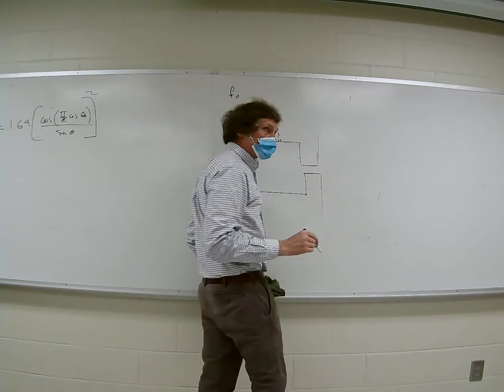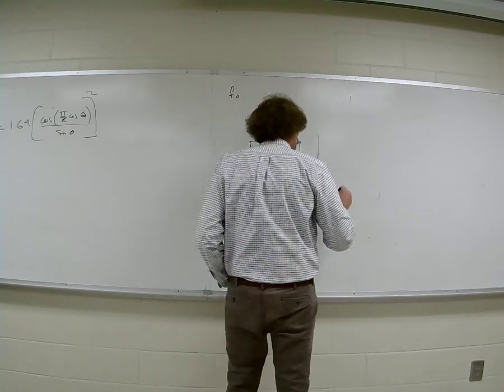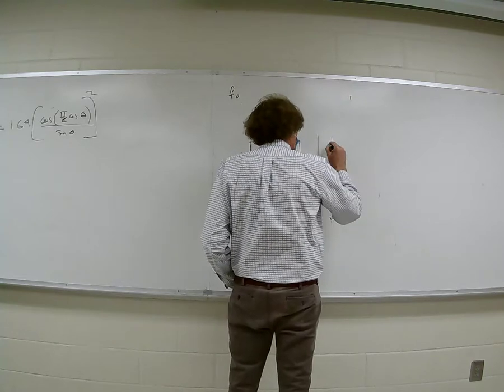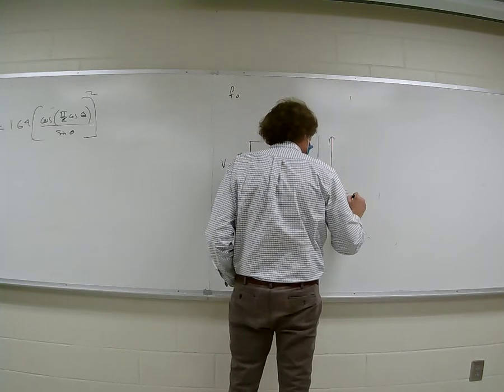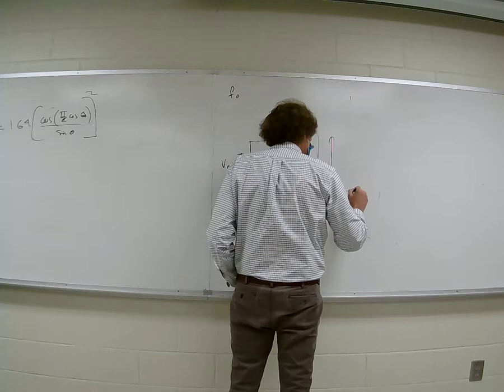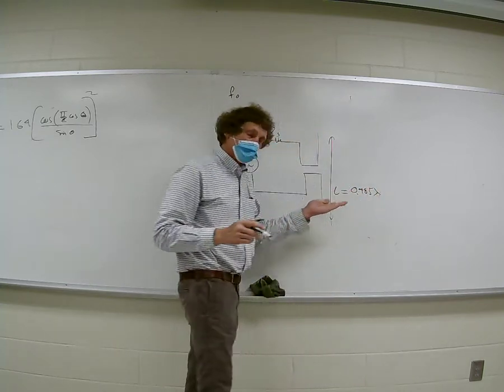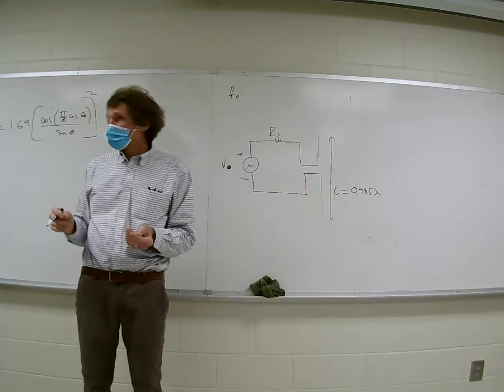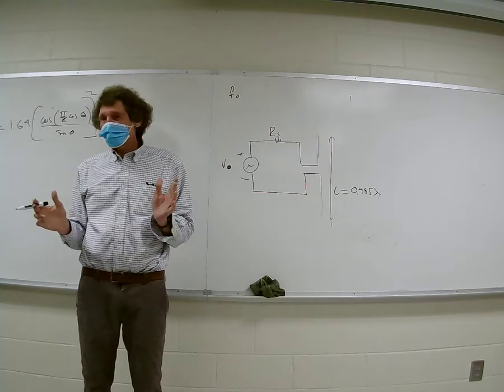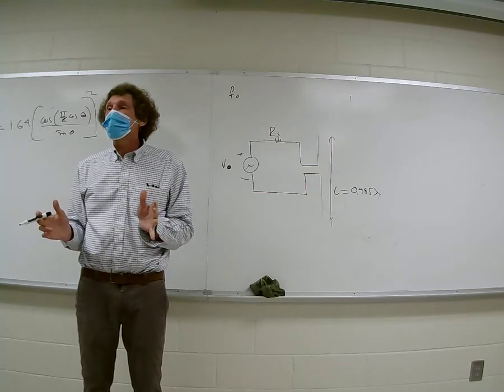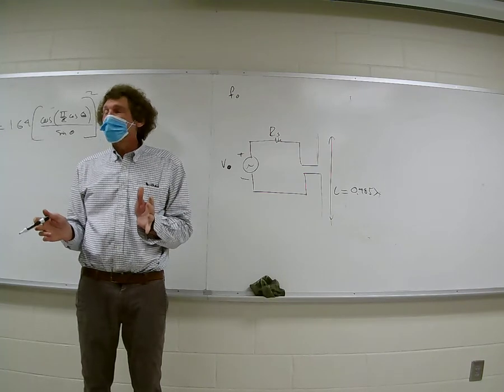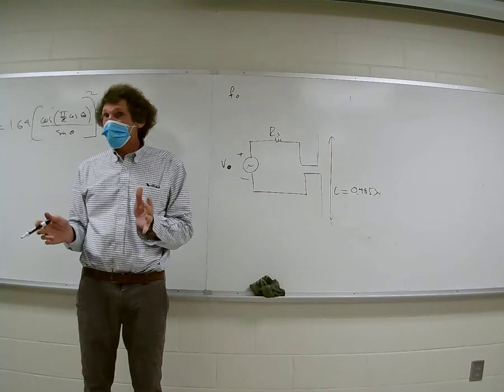This antenna right here is going to be a half wave. I'm going to say the length of this antenna is 0.485 lambda. Why did I choose that, people? Yeah, because what do I get rid of when I do that? The reactive impedance, right? Now it's just about 72 ohms.